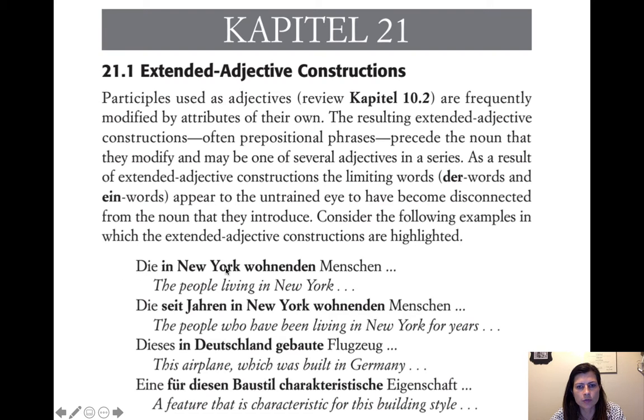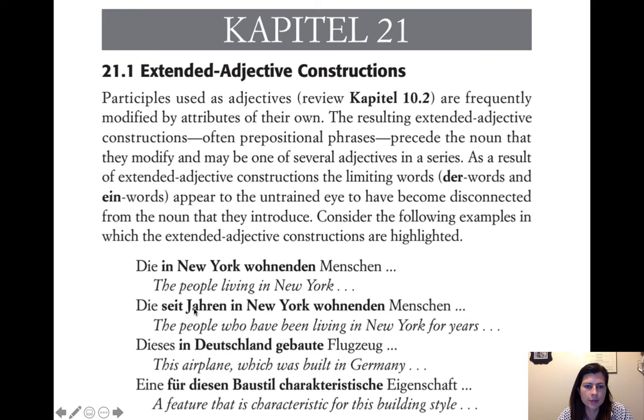Die in New York wohnenden Menschen, the people living in New York, which is basically the in New York living people. Die seit Jahren in New York wohnenden Menschen, so we've just added seit Jahren to add more details. Whenever you wonder what order things go in, it's time, manner, place.